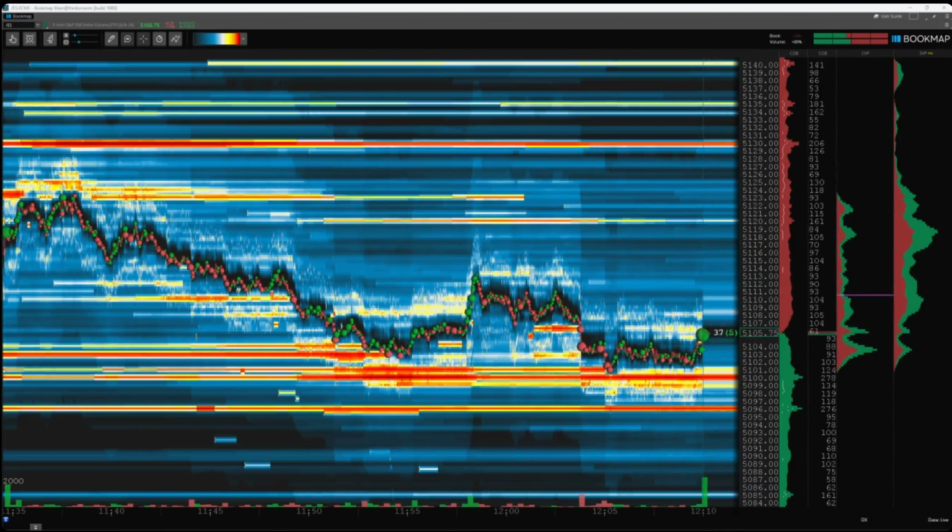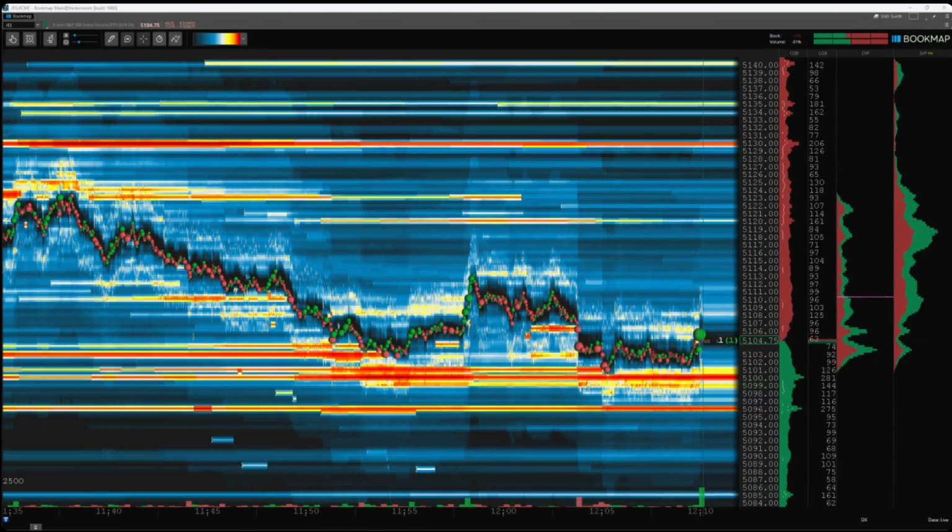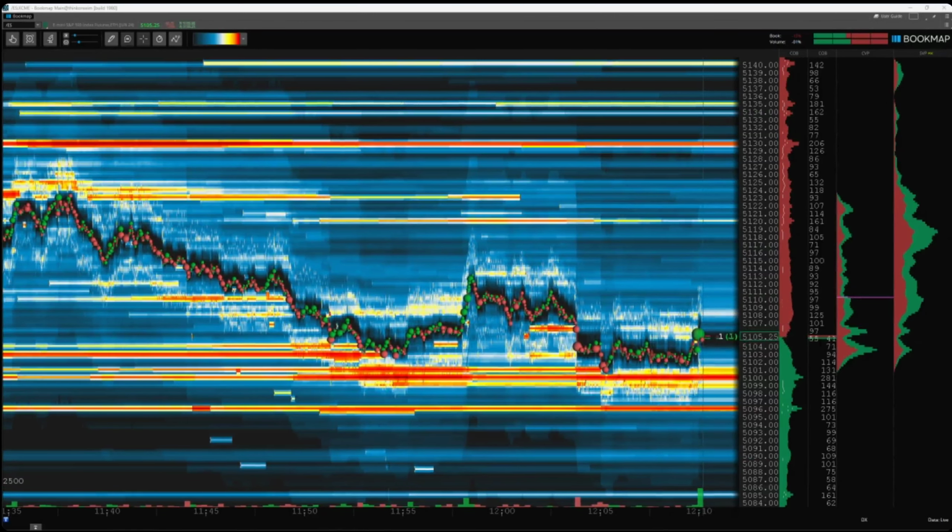Let me see again. Okay, so right now we are ping-ponging off a SPY. However, on SPX, we're between the 50-50 and 50-65.